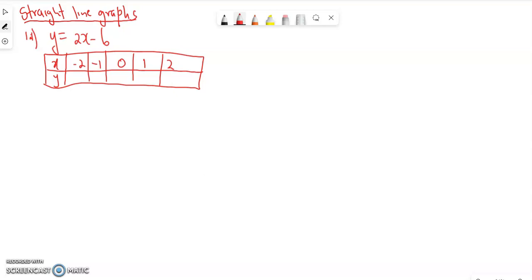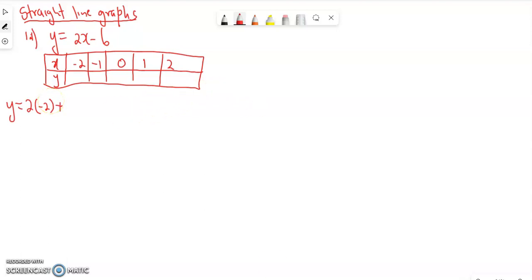So the first question on your page 12, you are required to complete the table. So how do we complete the table? We need to substitute. Where we see x, we firstly substitute and put -2.